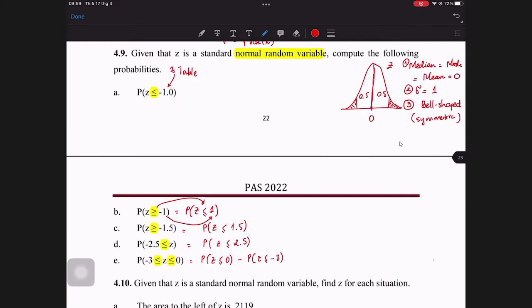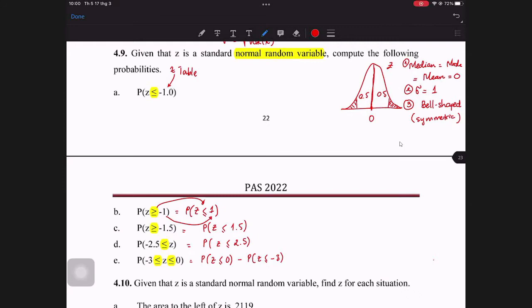But just be careful. If you search the internet, then you will see that there are a lot of different kinds of Z table. So what we are going to do here is just use the tables given in our textbook. If you use the tables given on the internet, the way that you find the probability might be different.